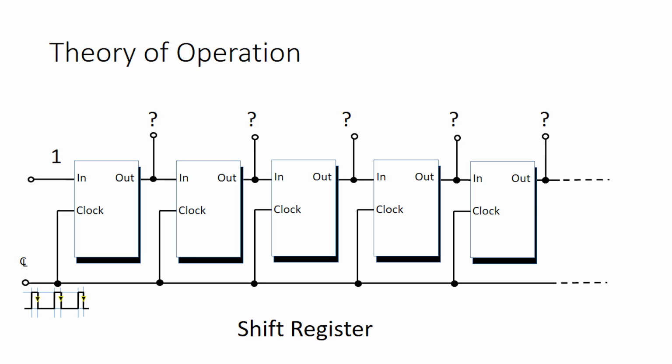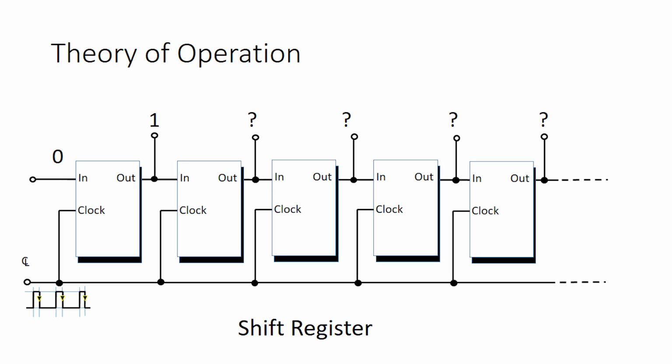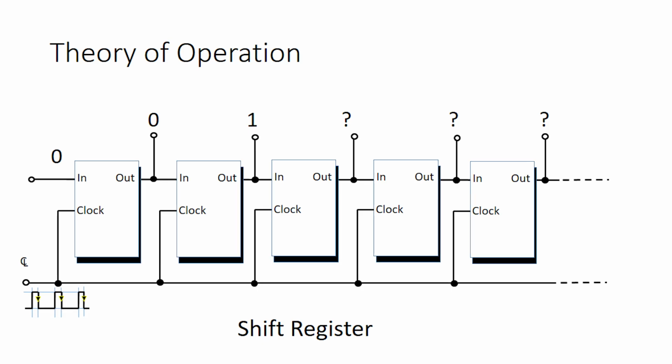So when the clock first arrives, whatever's on the first input gets transferred to the output of the first one. And when the next clock pulse arrives, whatever's in the input this time gets transferred to the output. But at the same time, the clock arrives at the second one. So whatever's on the output of the first one gets transferred on to the next one.